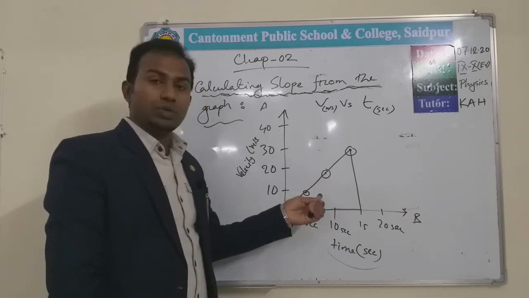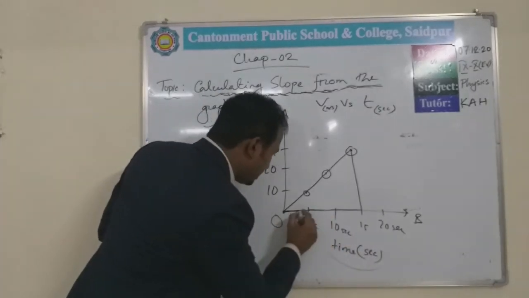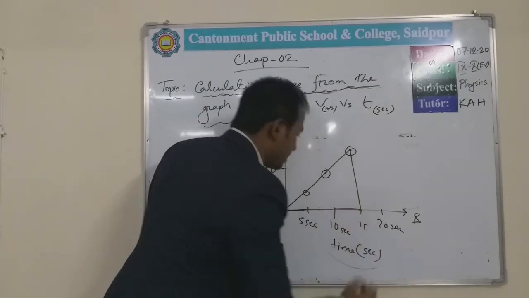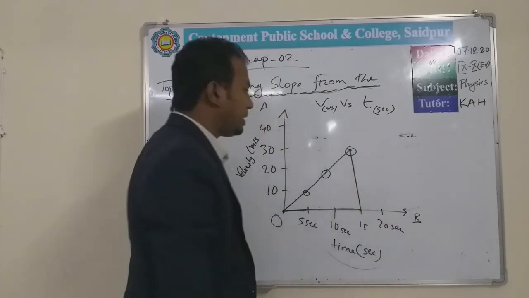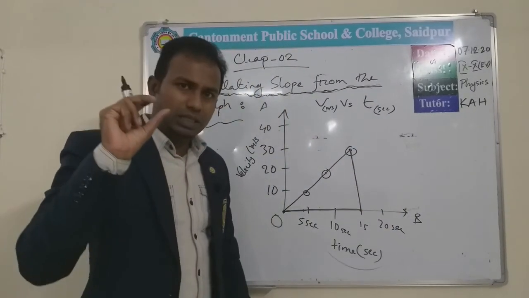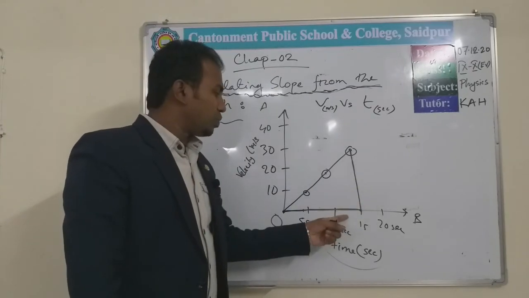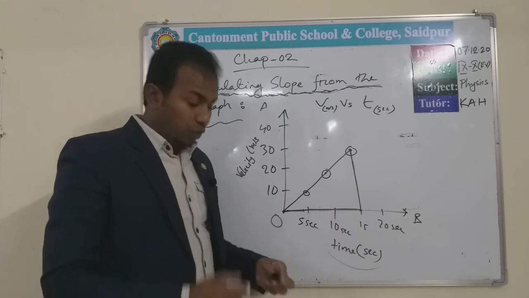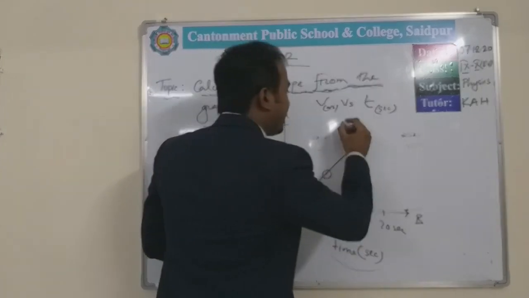So I will find it out. How? This is the adjacent and this is the normal. It is coming by the division of normal by the adjacent, which will give you, from geometry, tan theta.